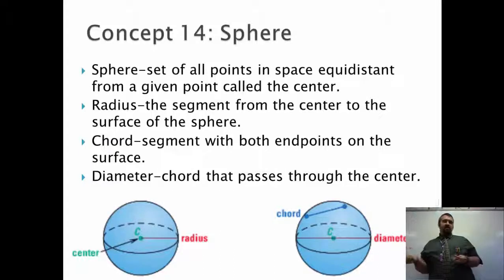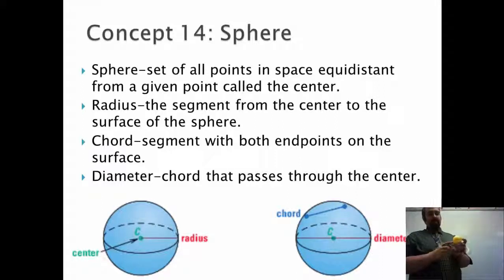A chord, just like a circle, is a segment with two endpoints on it. So it could be from my two fingertips here, from index finger to index finger, and so on and so forth. As long as the segment is inside the sphere with its endpoints on the surface, we're good to go. Now, a diameter is a chord that passes through the center.